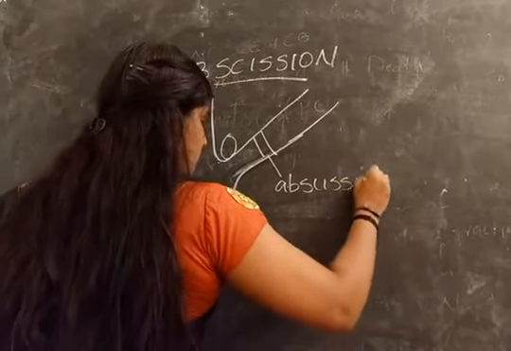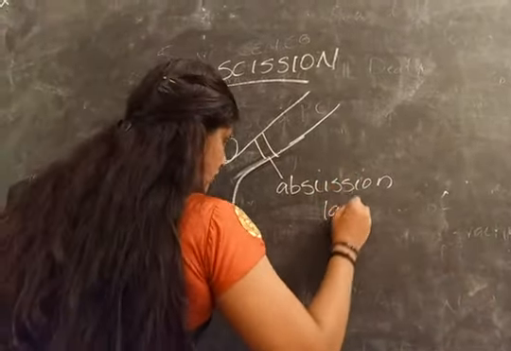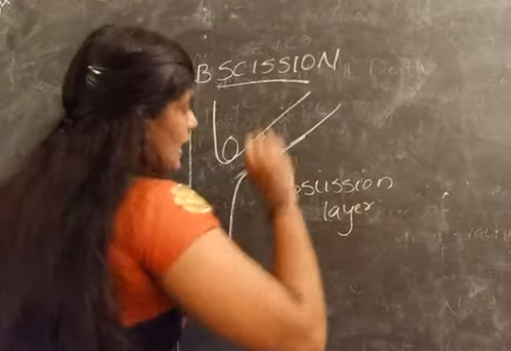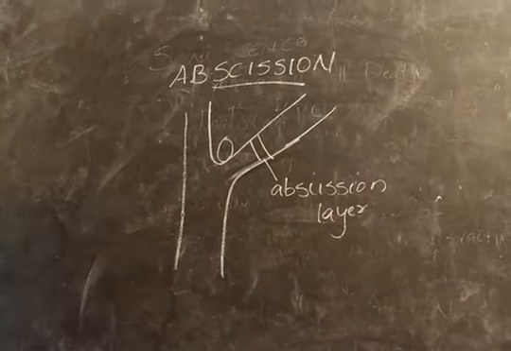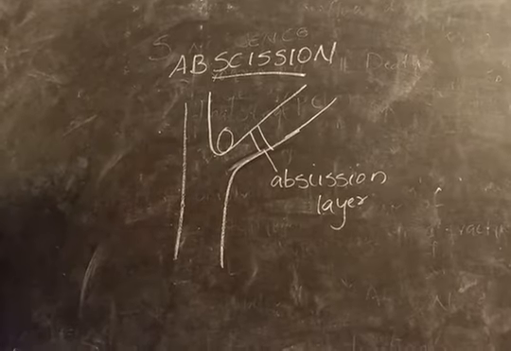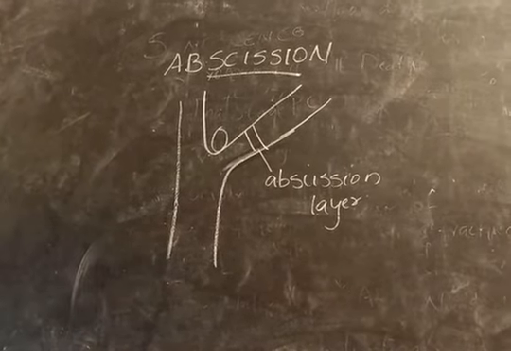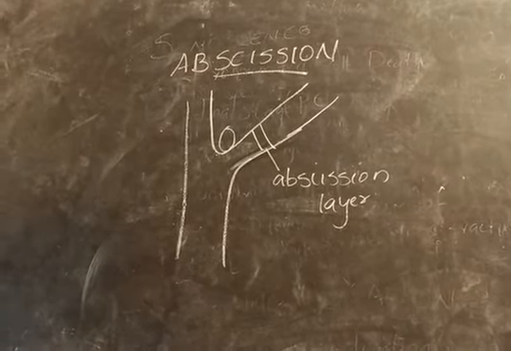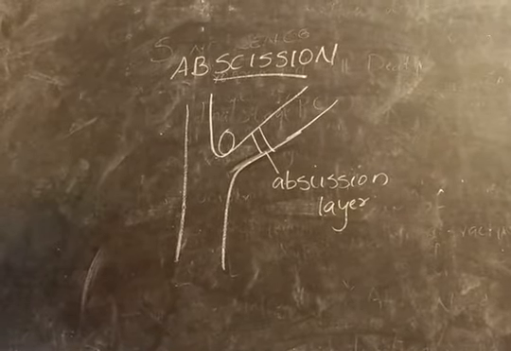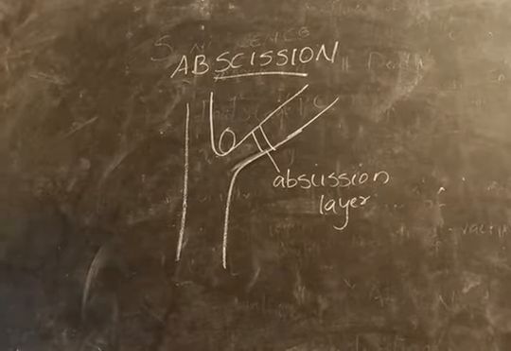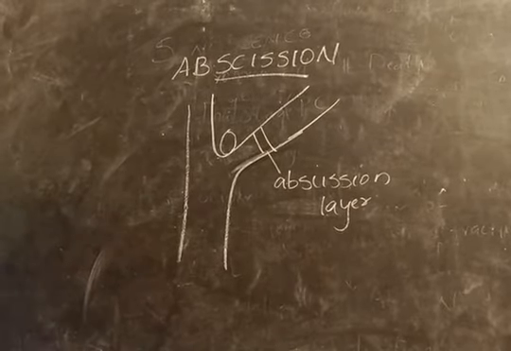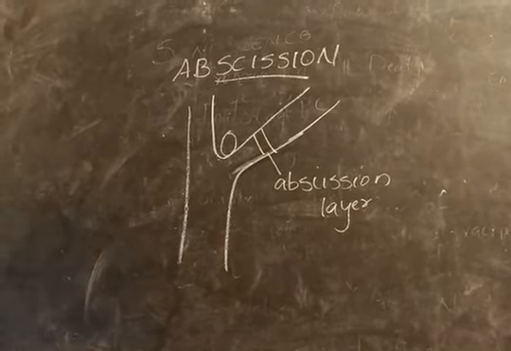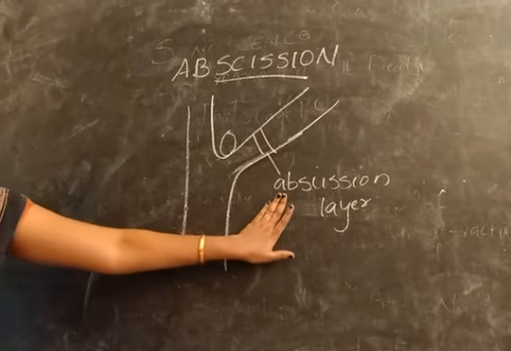The abscission layer is greenish gray in color, and it is formed of a row of cells arranged transversely. They are thin walled cells, arranged in a row 2 to 15 cells thick. So this is the abscission layer.